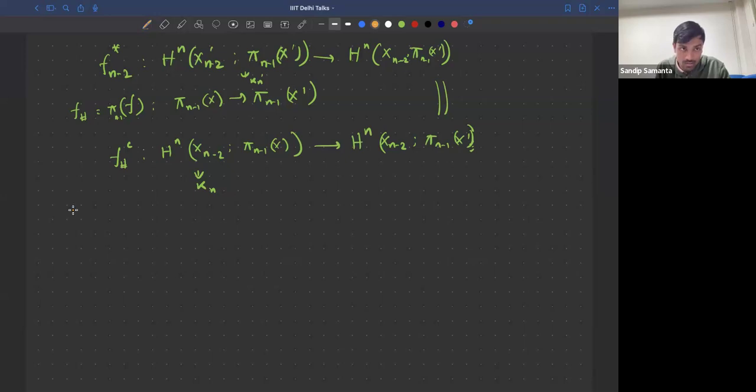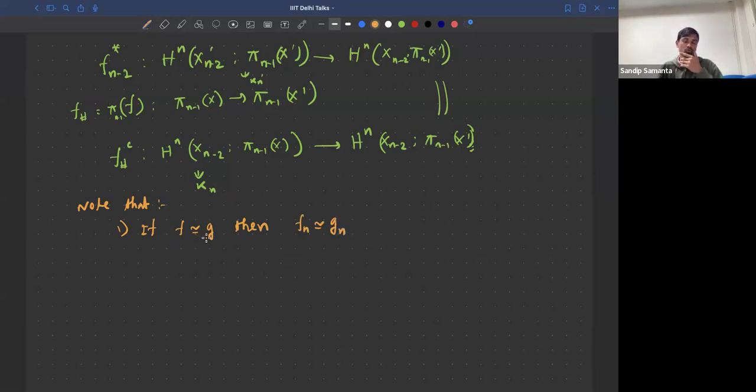So note that if f is homotopic to g, then f_n is also homotopic to g_n.